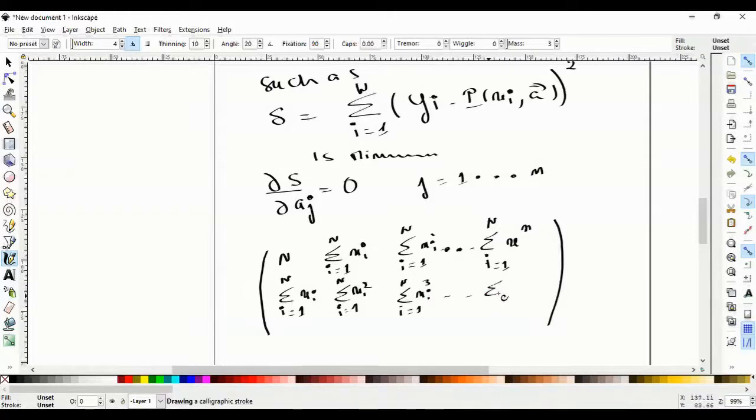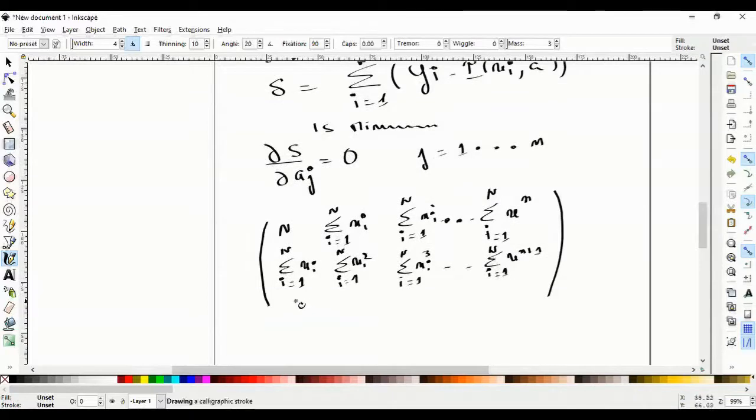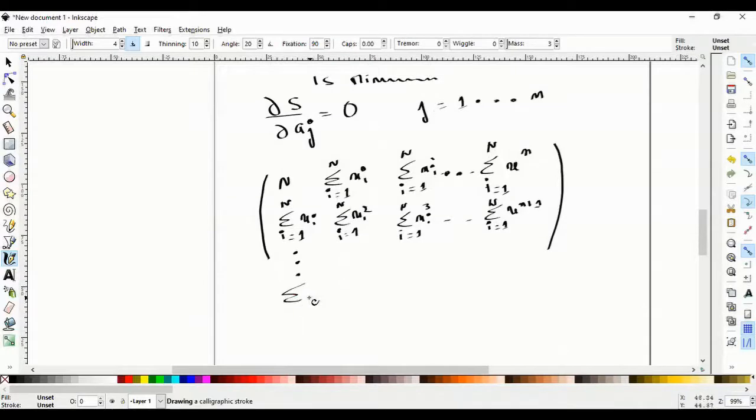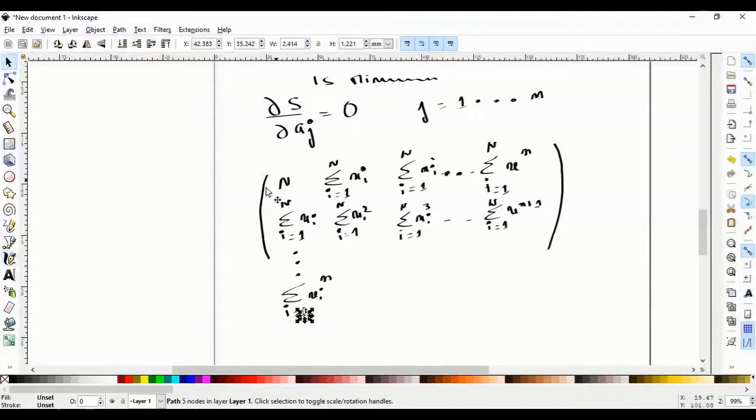Okay. The sum i equals 1 till n x n plus 1. Okay. As for the last line here, we will get the sum here xi to the n, i equals 1. Okay, so you will get n plus 1. The size of this matrix will be n plus 1 because you have n plus 1 parameters for a polynomial of order n.